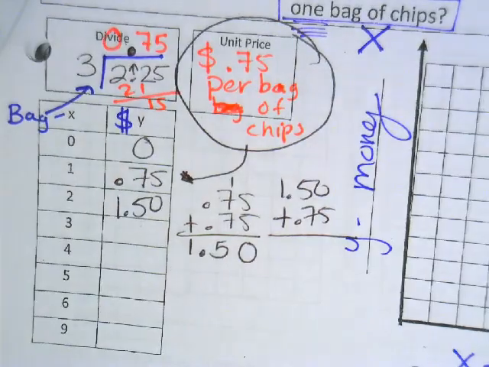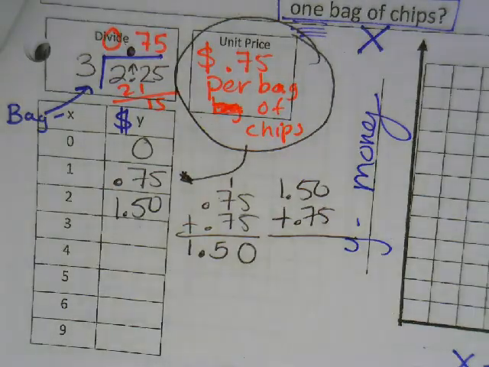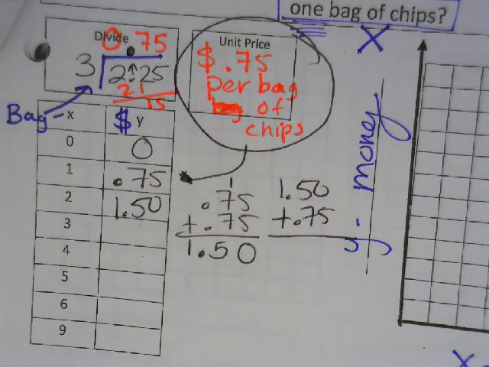Okay, I'm going to be quiet and you're going to work. Filling in the rest. You're adding 75 cents. You're literally just adding. Get used to it. There's no calculators. You've got to get used to adding 75 cents, 75 cents, 75 cents.